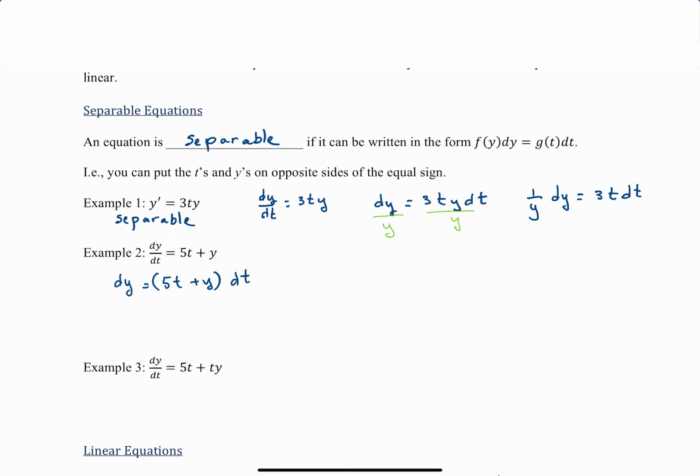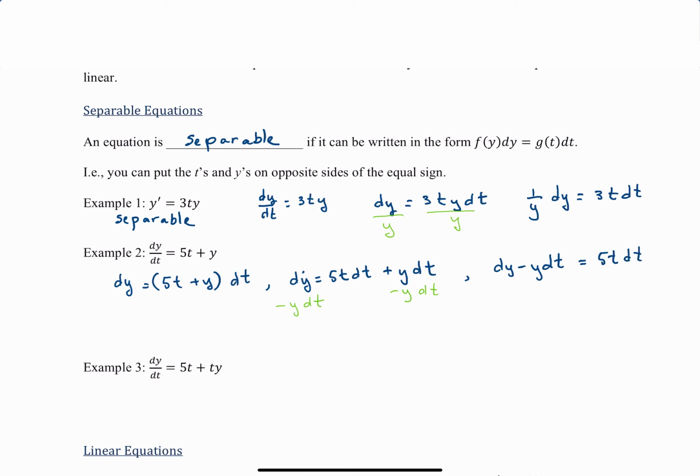So I guess what you might think of doing is distributing that dt into the parentheses. Now I can subtract, which will give me dy minus y dt equals 5t dt.